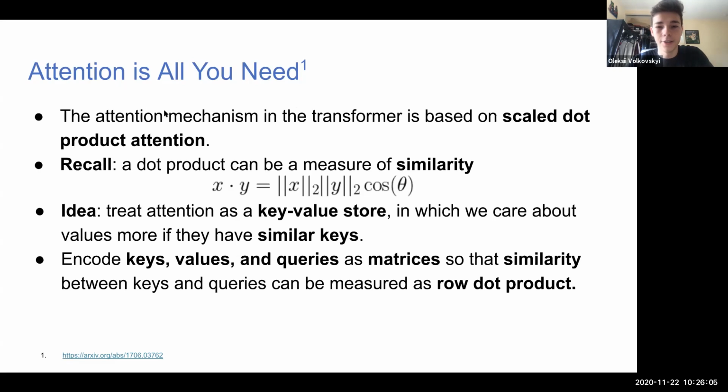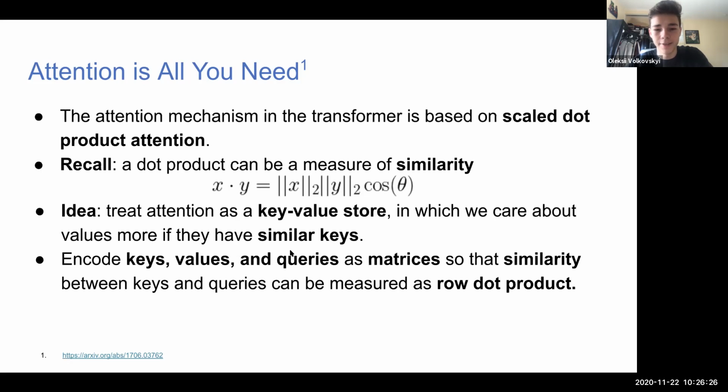For the actual attention mechanism, in this case, you're using scaled dot product attention. You're going to use a dot product similarity between a key and a query, and all of those will be associated with values.